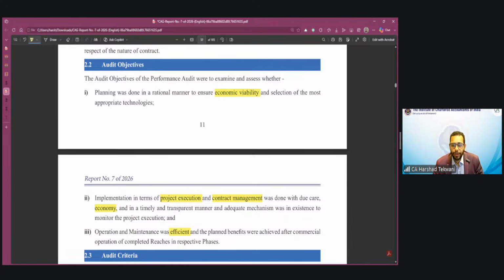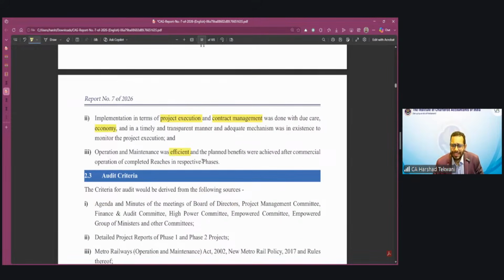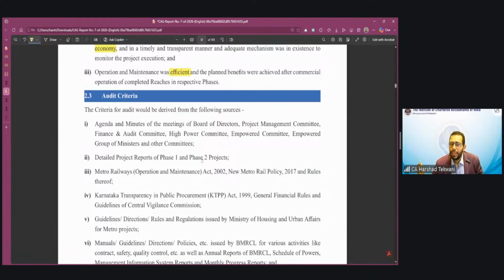So let's understand over here. Not necessarily are all the things considered in every performance audit, but in the majority all of them are considered, though not every time. Now see, this is the audit criteria. Remember, subject matter criteria and subject matter information.